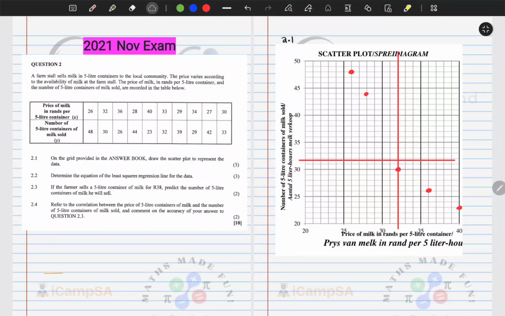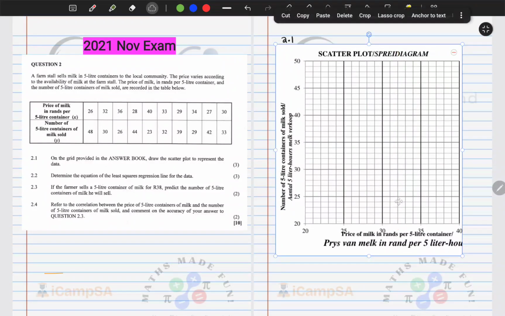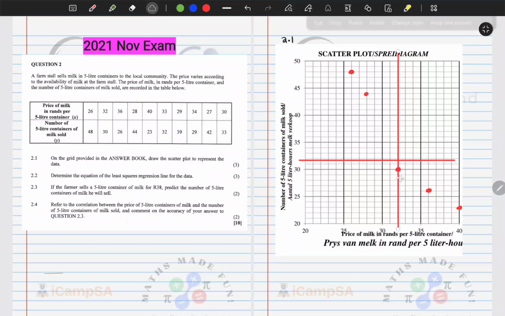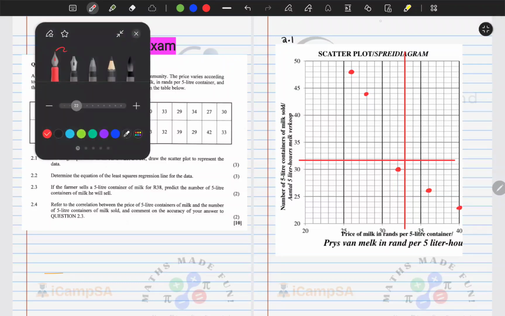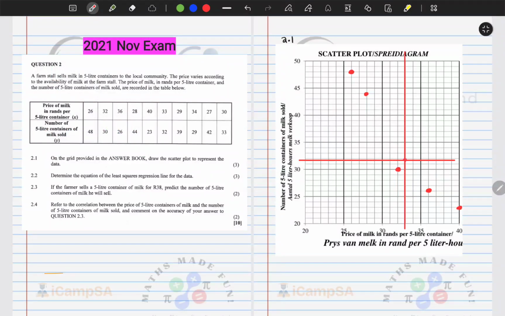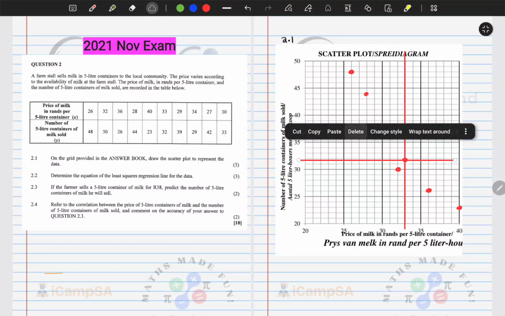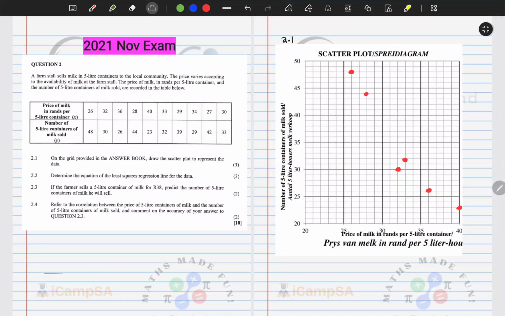So we're looking at 33. So 33 is here. So what we have is a point there. Delete and delete.